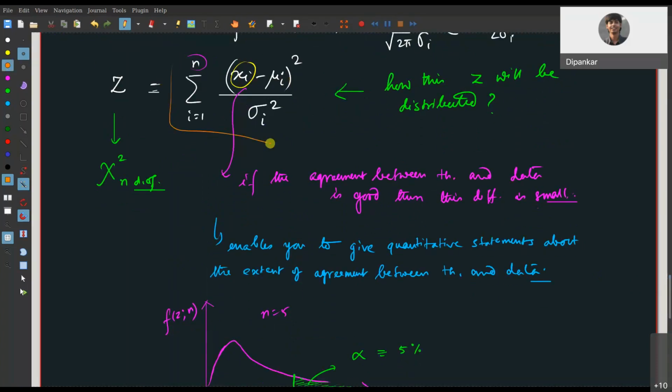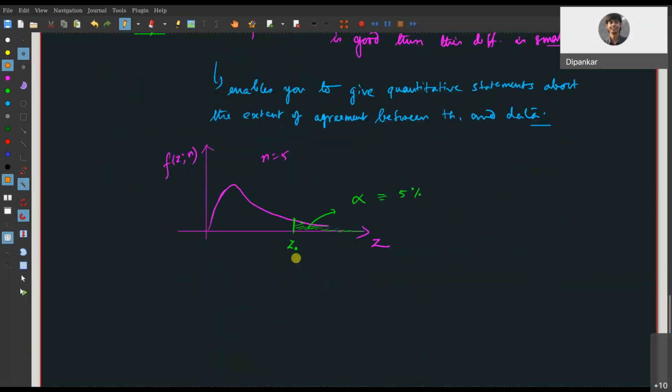If this z represents the extent of agreement between theory and data, then in view of data, in view of this mu i and this sigma i, whether you accept or reject a theory will depend on whether you calculate z from the theoretical input and the experimental outputs and check if z is greater than z0 or less than z0.